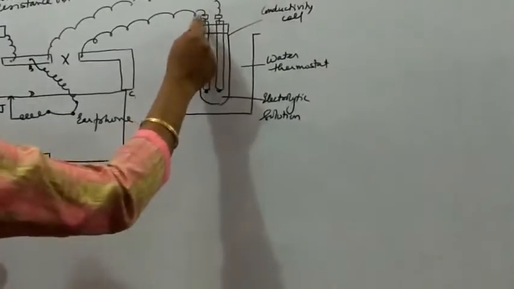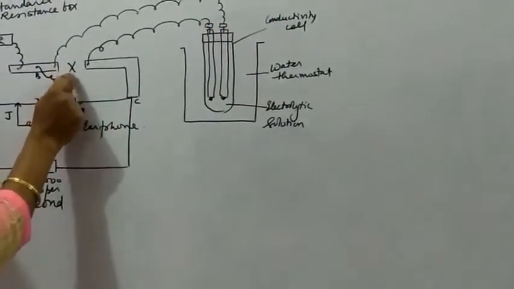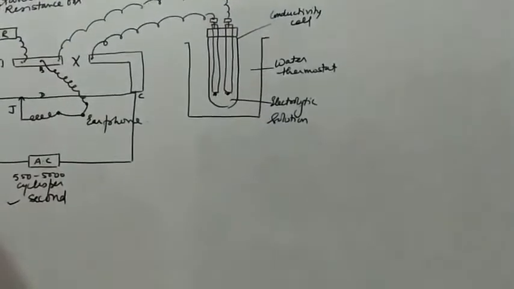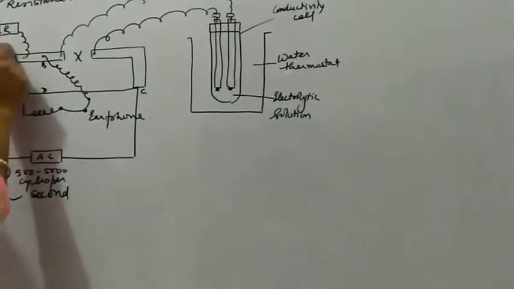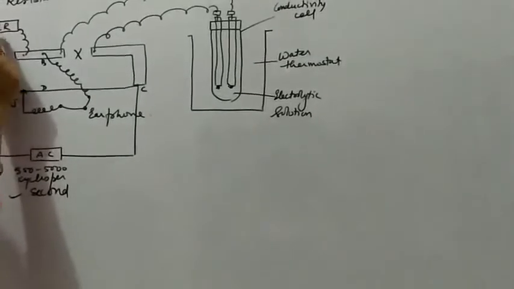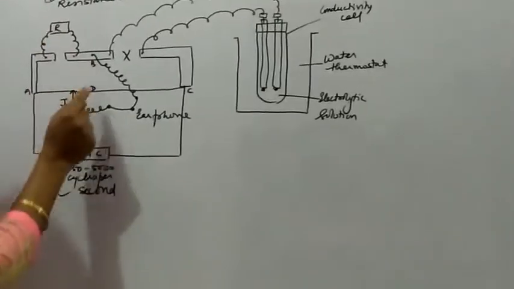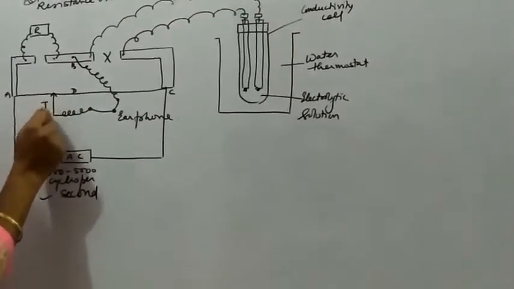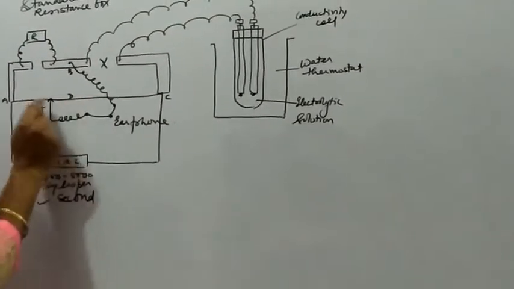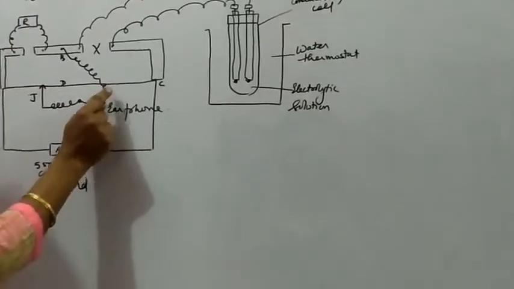Now the two terminals are connected to the point X, the standard resistance box. Okay, now we are going to take a suitable resistance out from the resistance box, and the jockey will be slid each time over the meter bridge wire.